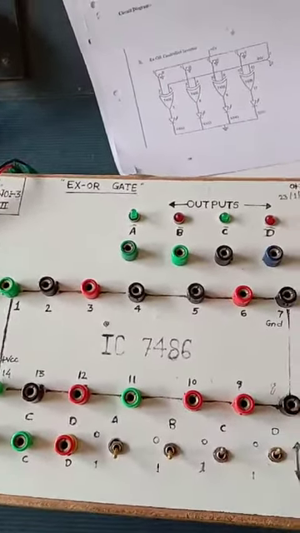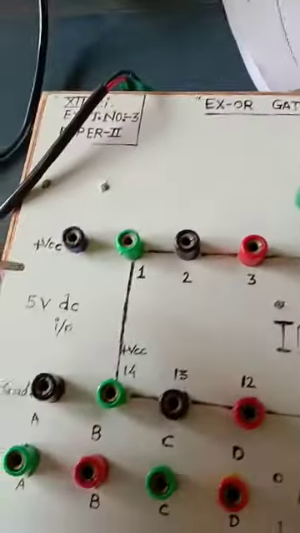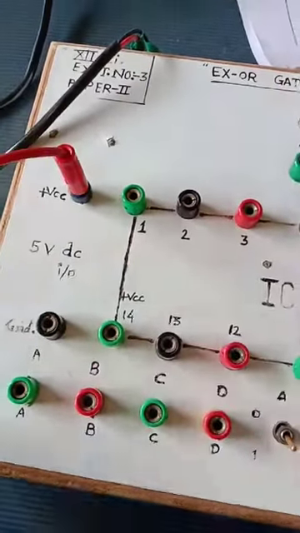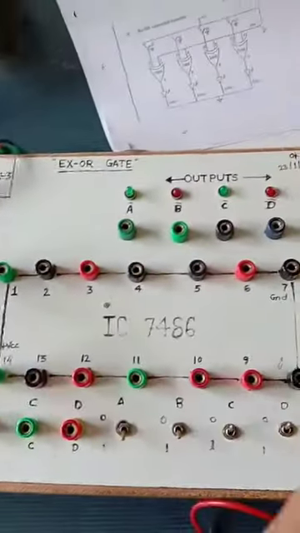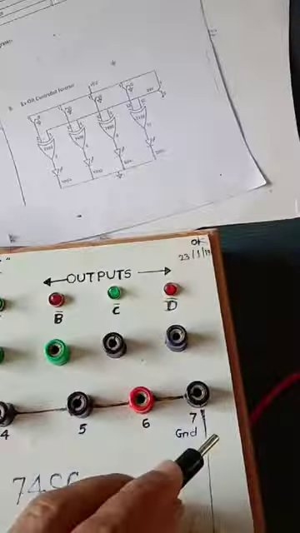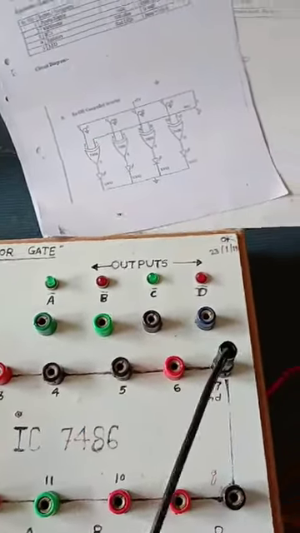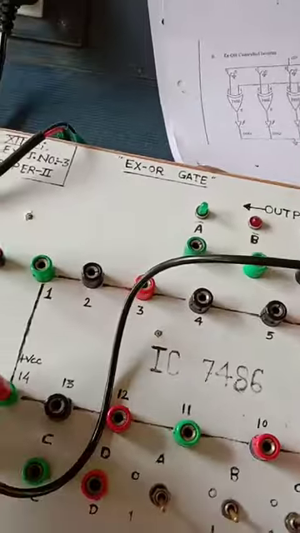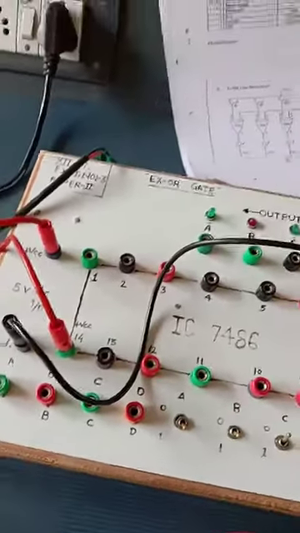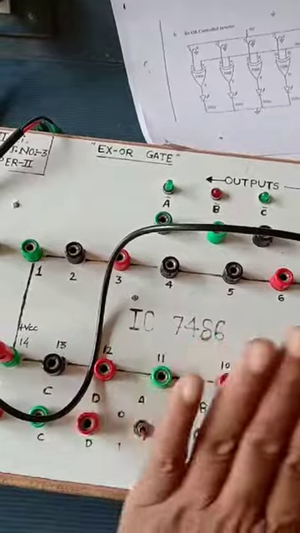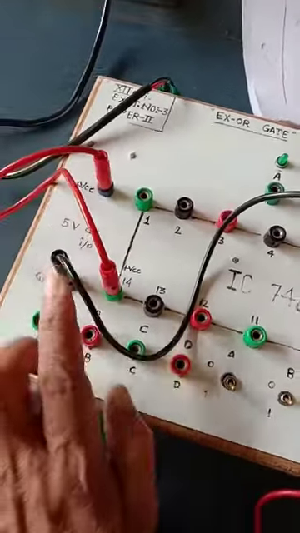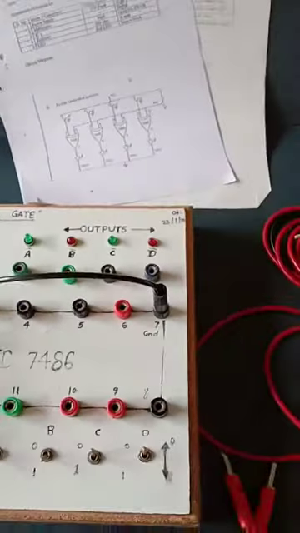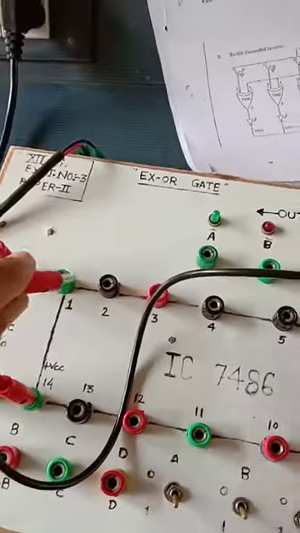Connect the positive terminal of the DC power supply, that is plus VCC, to pin number 14, and pin number 7 is connected to the ground terminal, or negative terminal, of the DC power supply.